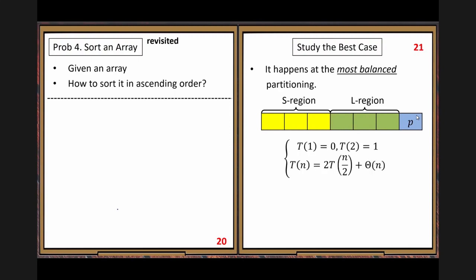So our recurrence relation is T of n equals 2 times T of n over 2 plus big theta of n.